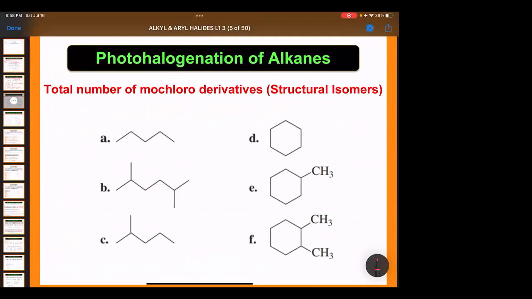And in methane we have seen that there was only one carbon atom, and only one isomer was possible. Do you remember that? Yes, sir. There was only one place where you can attach.